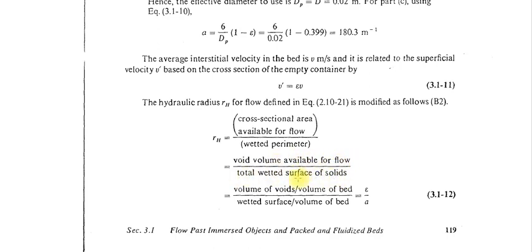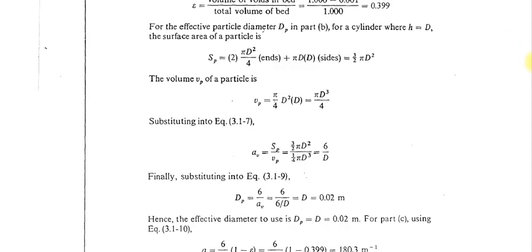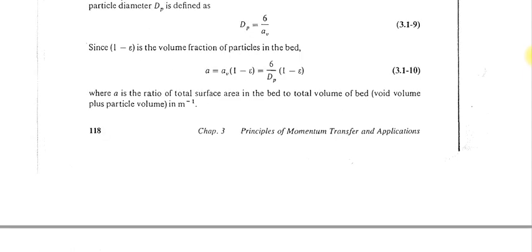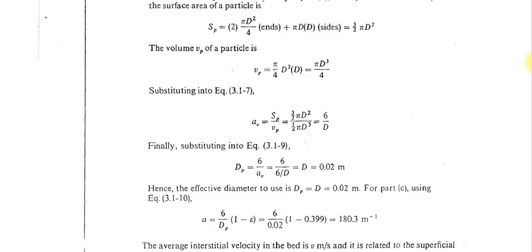Now divide both parameters by the volume of the bed, and it becomes xi by A. So RH equals xi by A, where xi is the void fraction or porosity and A is the ratio of the total surface area of the bed to the total volume of the bed.